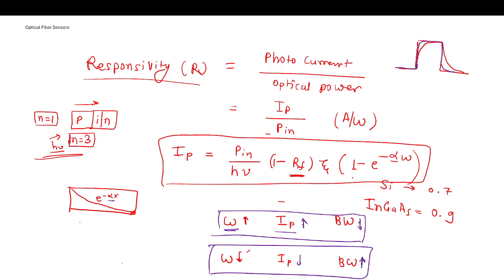It's proportional to the photocurrent, but it also decreases the bandwidth. So that's why the PIN photodiode has some limitation on increasing the width. They can't just increase it to get more photocurrent. Either they can get more photocurrent and the bandwidth will decrease, or if they decrease the width, the current value will decrease and the bandwidth can increase, but the current will decrease drastically.